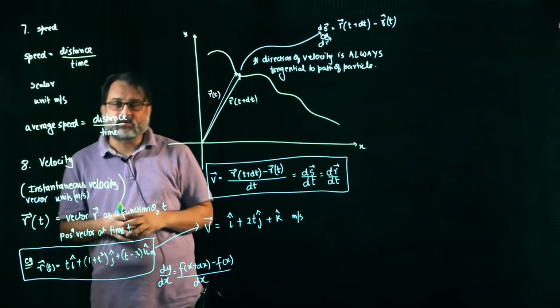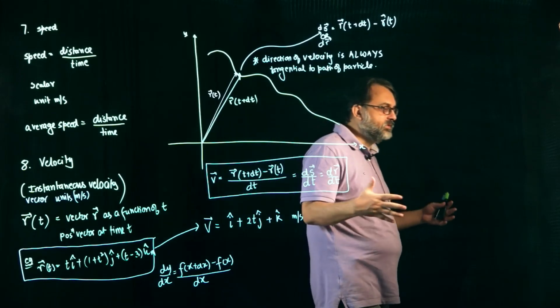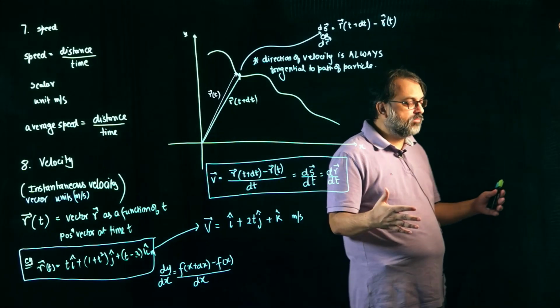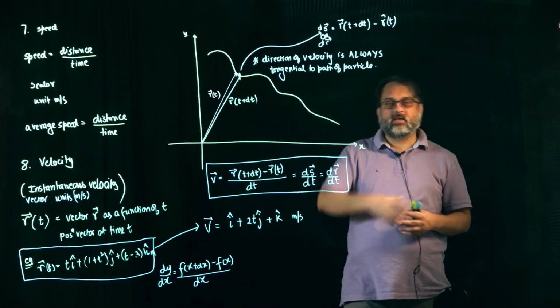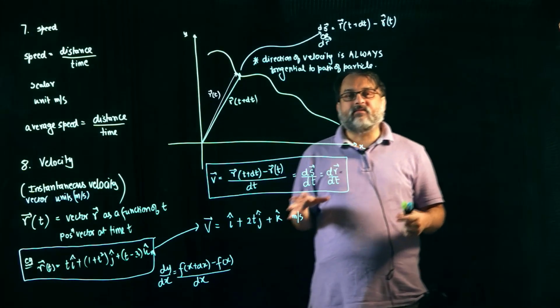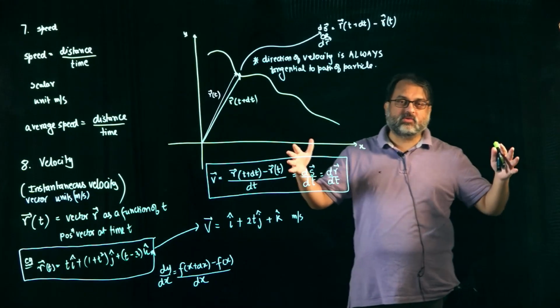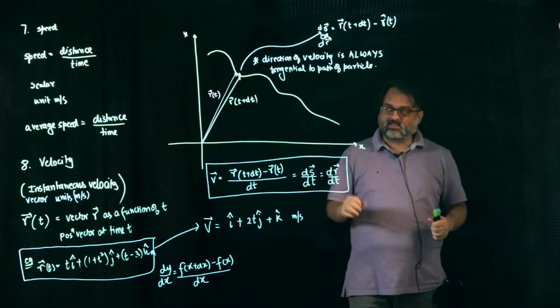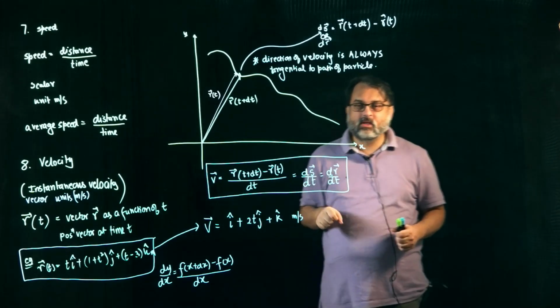So how does all of this come together with my initial statement that average velocity is something which is taking care of the macroscopic picture, the big picture, whereas the velocity is something which is looking at the minute details. Okay?